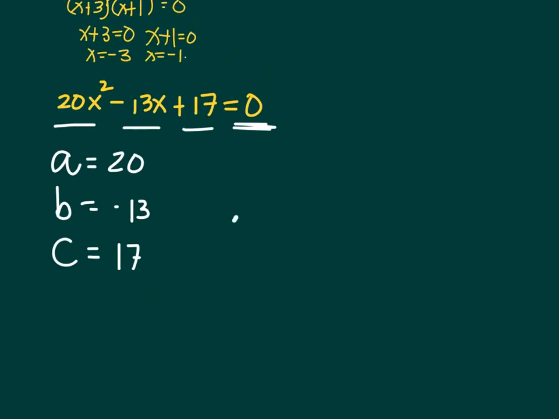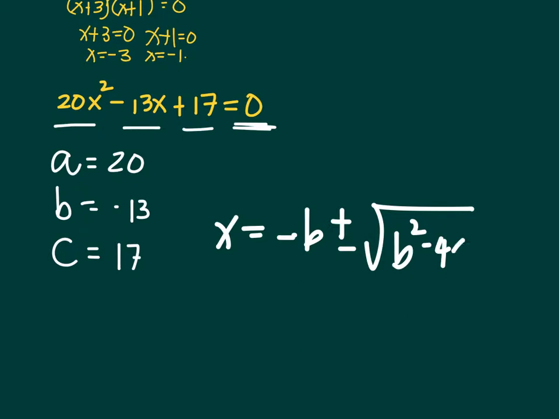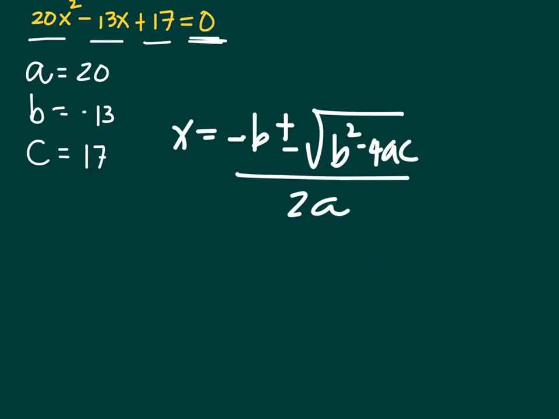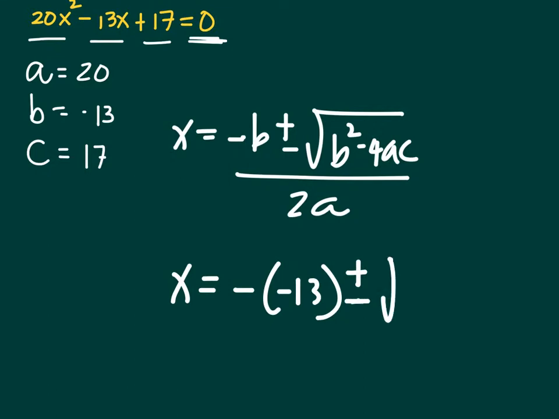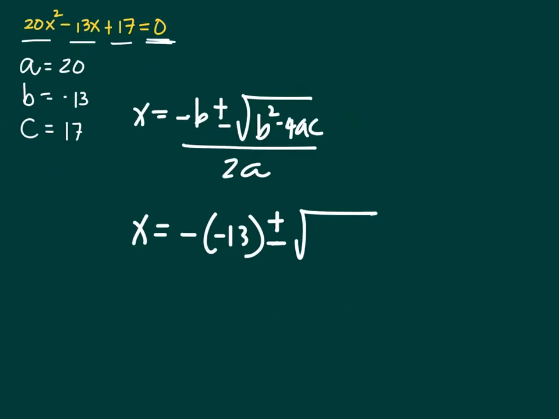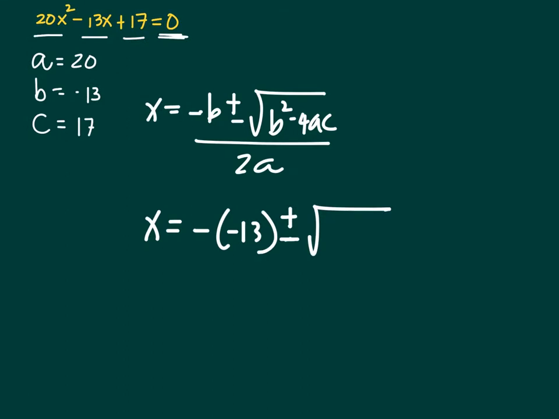The formula says that the value of x is the negative of b plus or minus the square root of b squared minus 4ac, all over 2a. That means if b is negative 13, we have the negative of negative 13 plus or minus the square root of b squared minus 4ac, where b is negative 13.